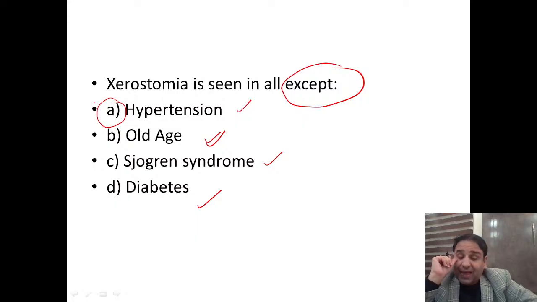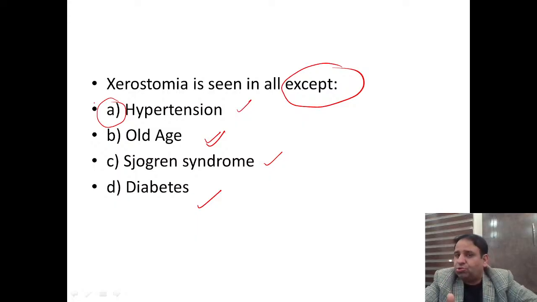But then as a teacher or as a doctor, I still do not agree, because I have seen with my own eyes that when a patient has hypertension, definitely the patient is taking antihypertensives, and these antihypertensives lead to xerostomia.